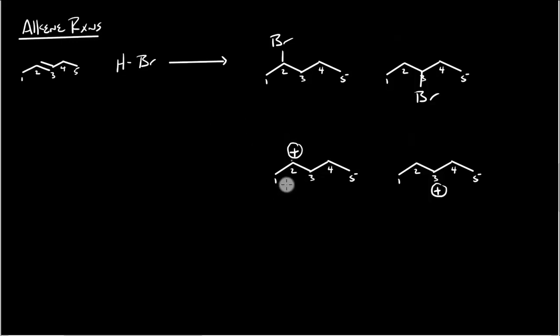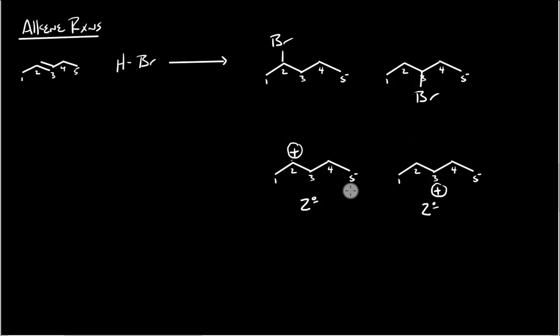If you think about this material on the left versus this intermediate material on the right, there's really no difference. There's no difference in carbocation stability here. We have a secondary carbocation and a secondary carbocation. Although the structures are slightly different, at the end of the day, they're both secondary carbocations.